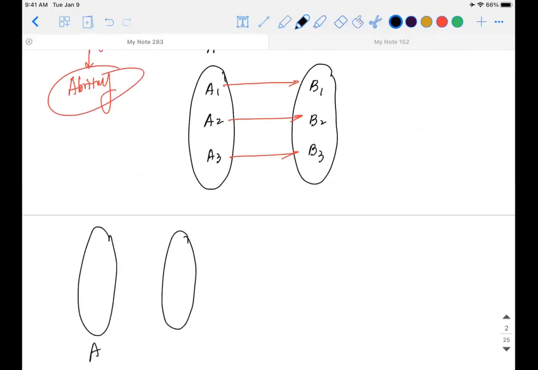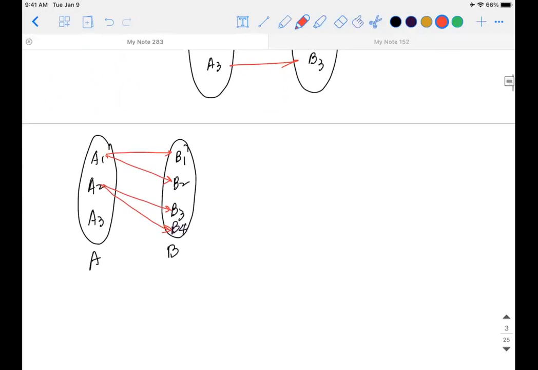Or you might have something like this. This is A, this is B, A1, A2, A3, B1, B2, B3. For instance, you might have one value mapping to two values. Maybe I'll give it B4. This is also possible. Let me give you a real example.